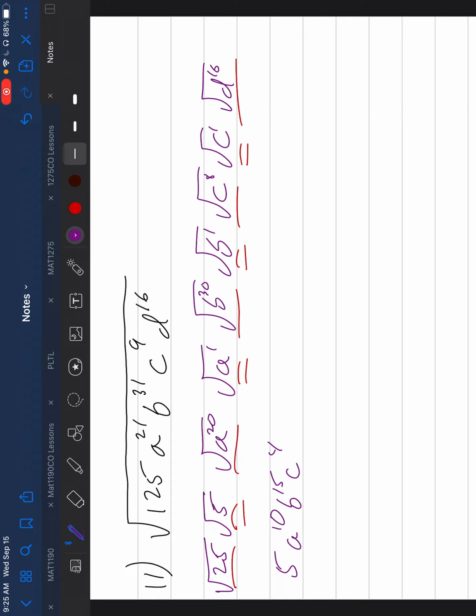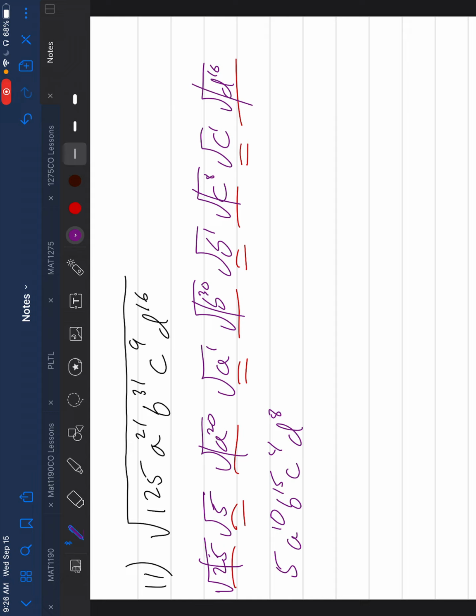Right, so that's 1, 2, 3, 4 perfect squares. We missed the d. So again, remember 16 is a perfect square as an exponent because it is even. So divided by 2, the square root of d to the 16th is d to the 8th. So that's 1, 2, 3, 4, 5.